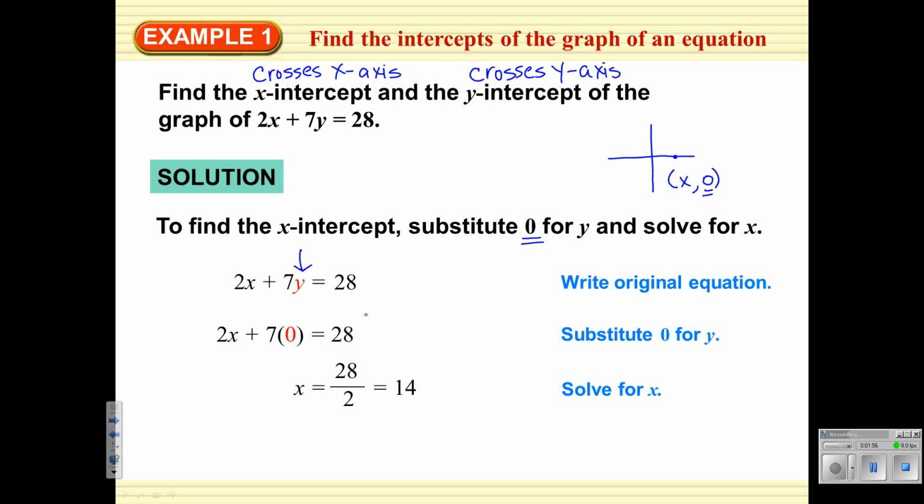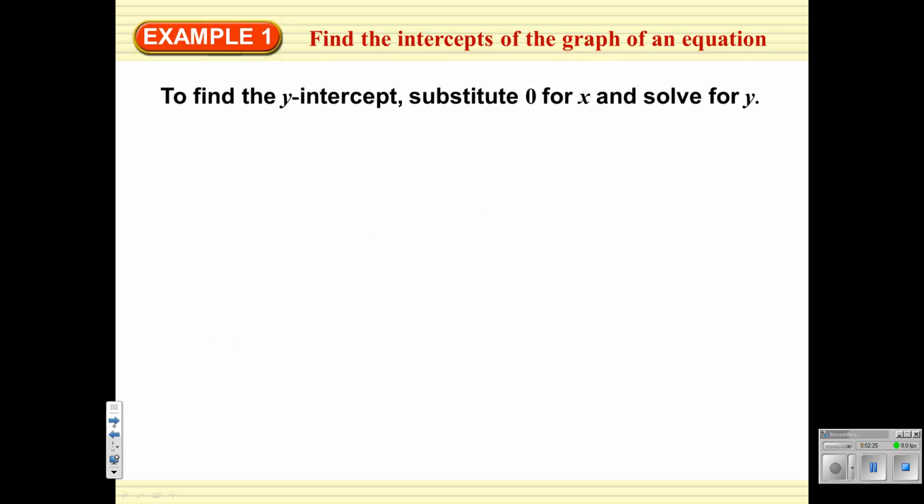We divide both sides by 2, and therefore we get x equals 28 divided by 2, or 14. So our x-intercept is going to be 14, 0, because when y is 0, x is 14, and that's where we would graph it on the x-axis.